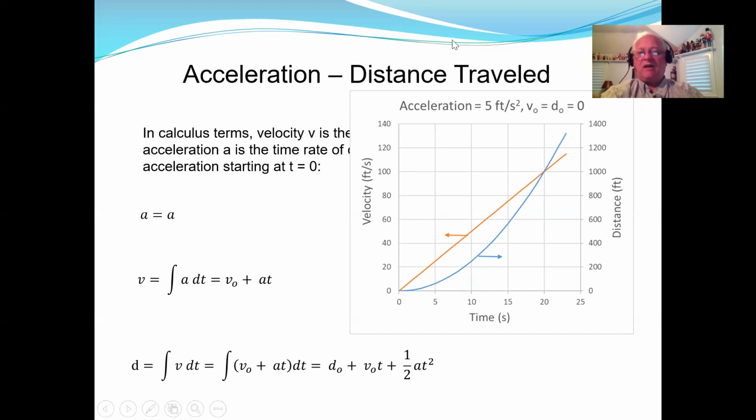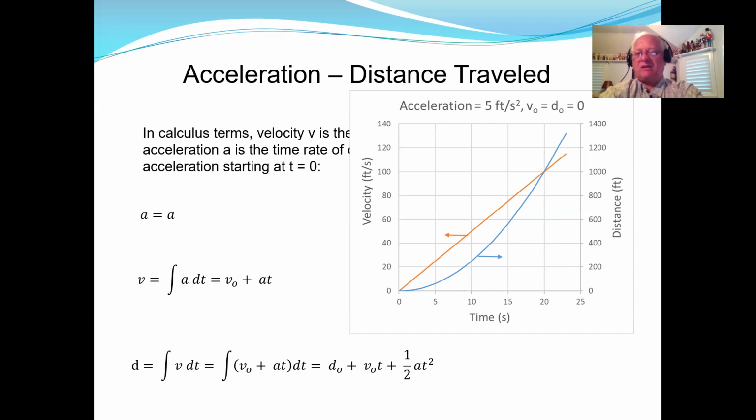Notice in this case that we actually have the parabolic form for this, and it sort of makes sense because the way I think of it is that at small times, early in the acceleration, I have a small velocity. So let's say in a 1 second time interval, I would travel a small distance.